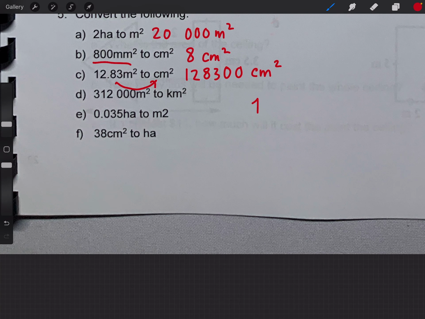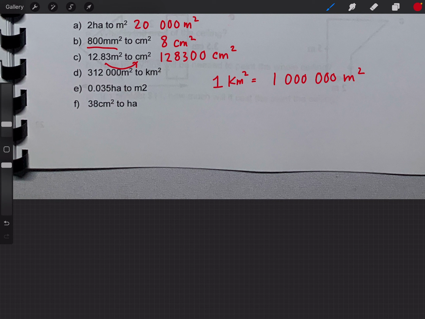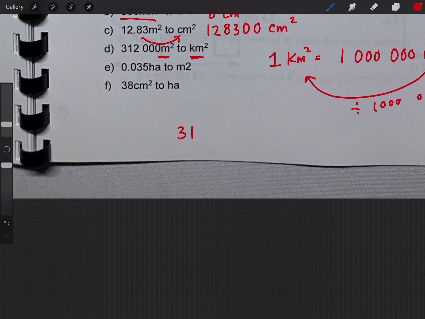One kilometer square is equal to 1 million meter square. Now we're going from meters to kilometers, right? So that means we have to divide it by 1,000,000. Alright, so you have 312,000 meters.